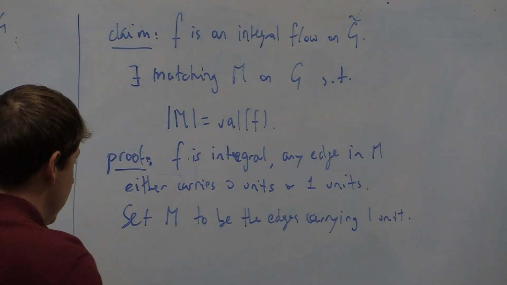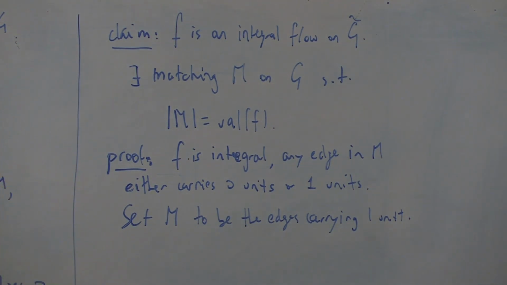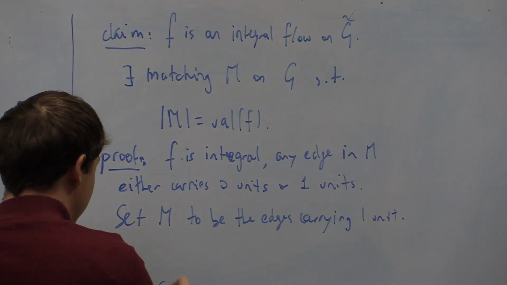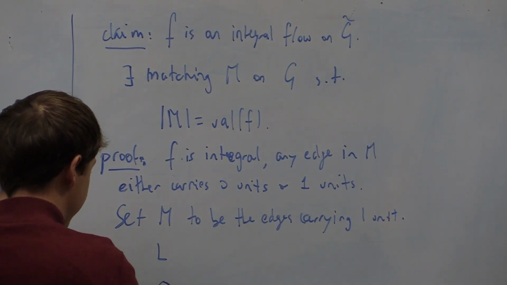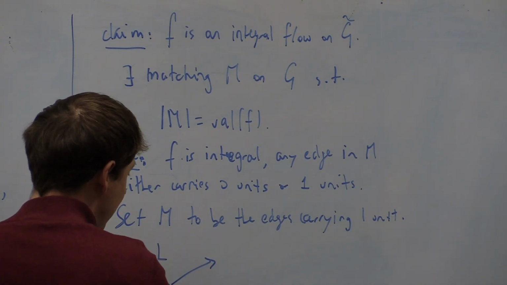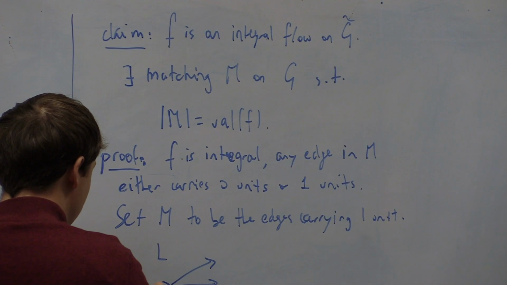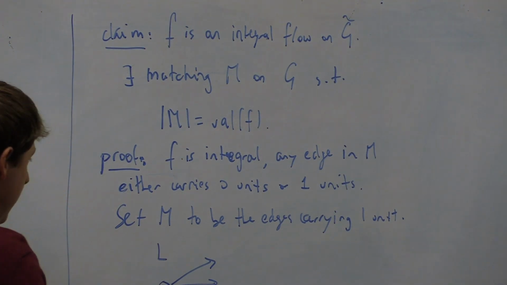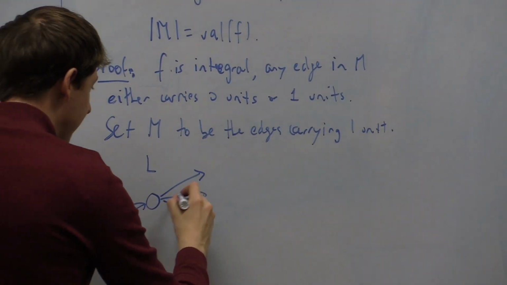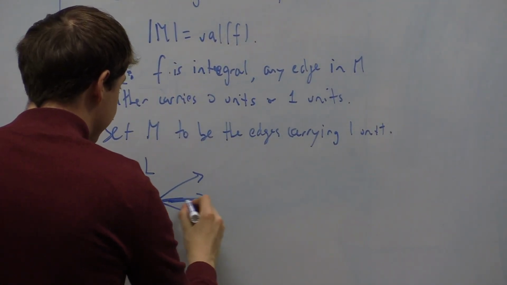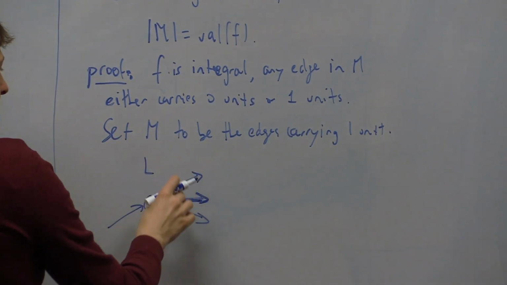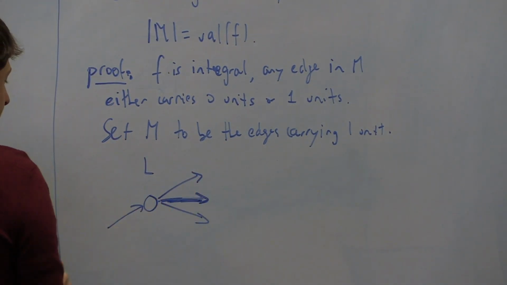For it to be a matching, we need to make sure there are no edge collisions on the left or on the right. But look, say that we have some vertex on the left, and there are edges coming out. We know that because we selected it, we have selected at least one edge that touches this vertex.